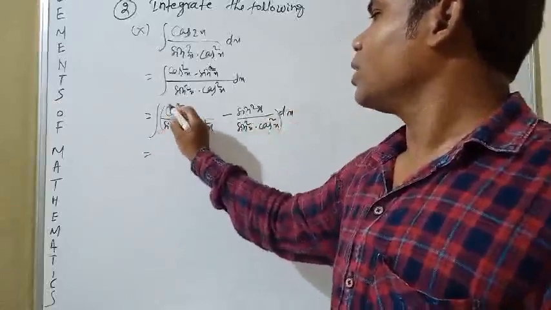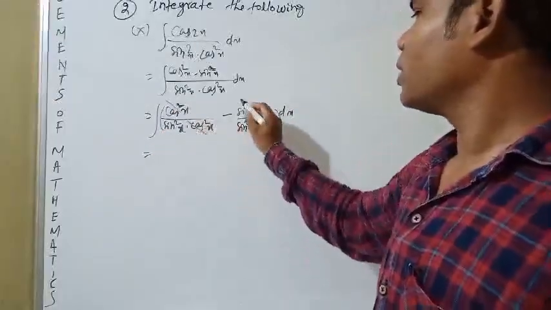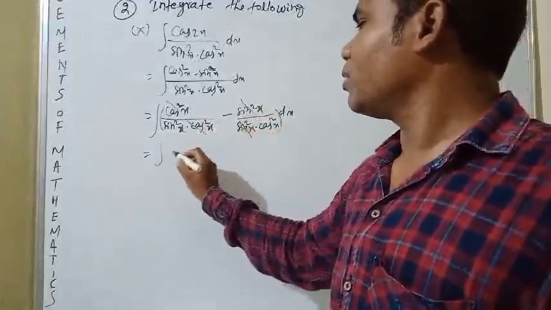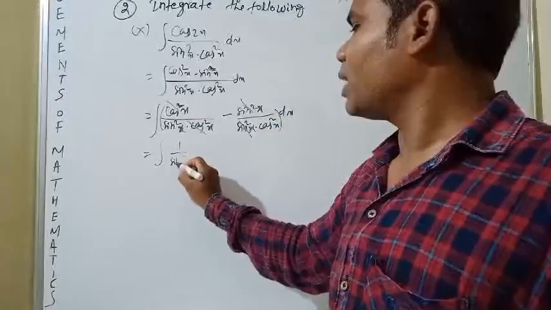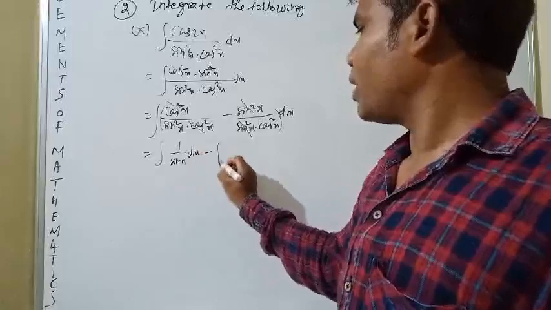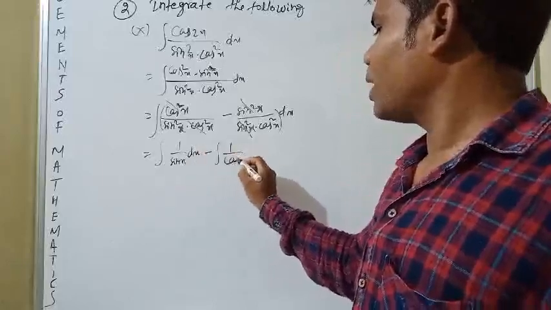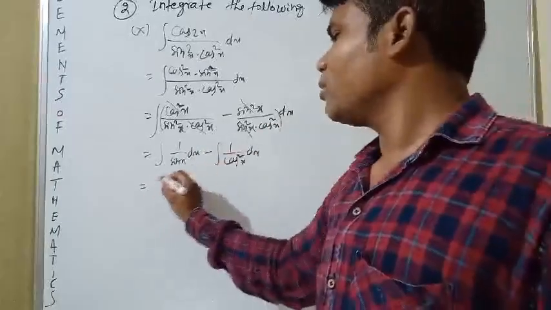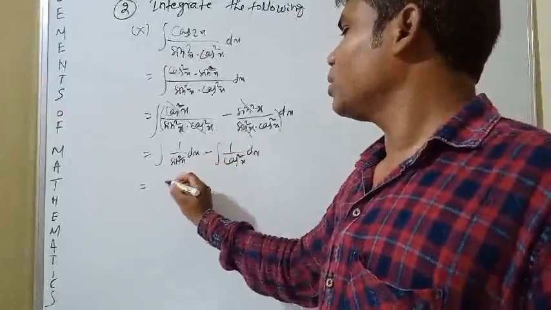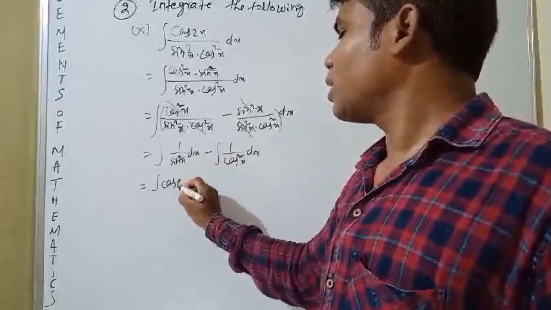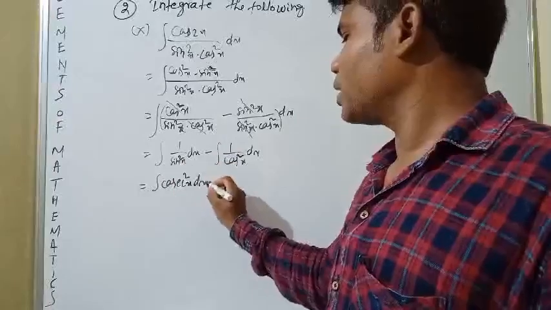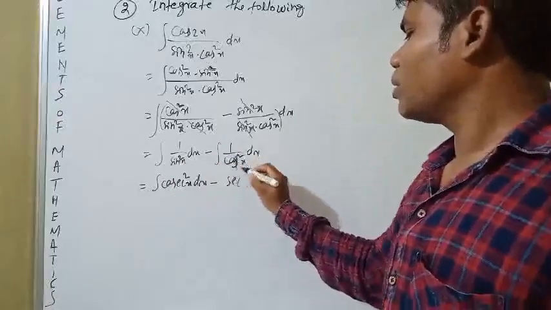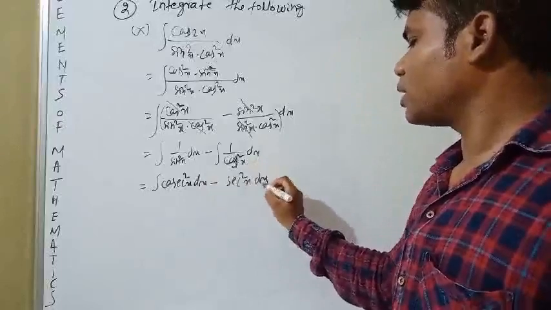Okay, you see, cos square x cancels out, sin square x cancels out. That means this is equal to the integration of 1 by sin square x dx minus the integration of 1 by cos square x dx. 1 by sin square x is equal to cosec square x dx, and 1 by cos square x is equal to sec square x dx.